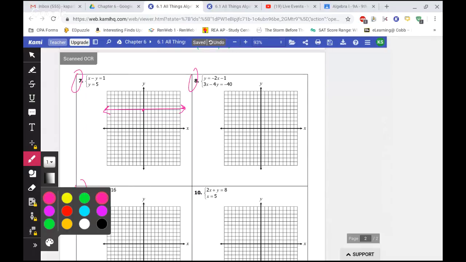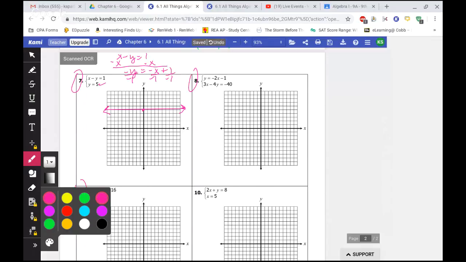So there's this second line already plotted. The first one I have to change into slope-intercept form. x minus y equals 1. I'm going to subtract x from both sides. That gives me negative y equals negative x plus 1. Divide everything by negative 1.